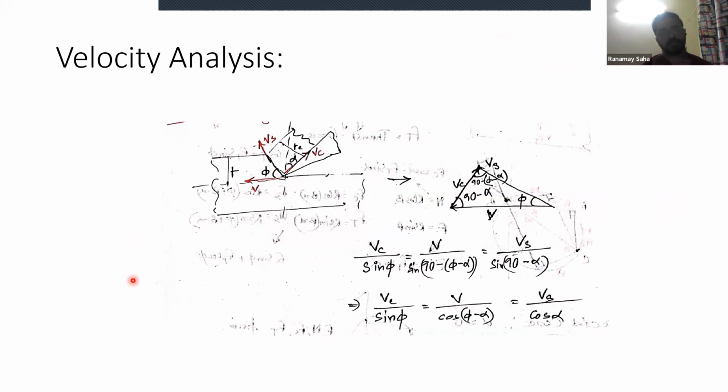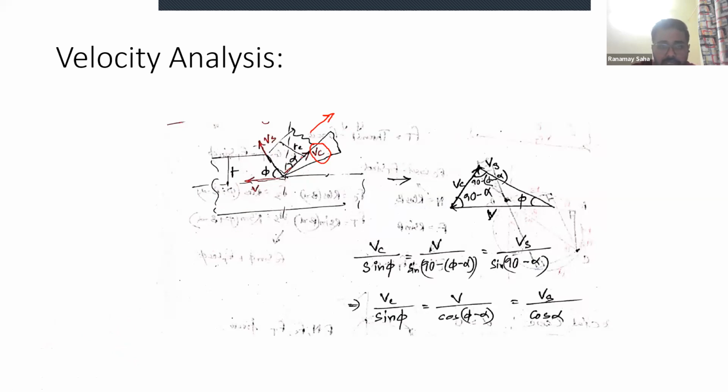Shear velocity happens to be along the shear plane. The cutting velocity is always the tangential velocity along the direction of the cutting tool, and then this one is your chip velocity along the direction of chip movement.